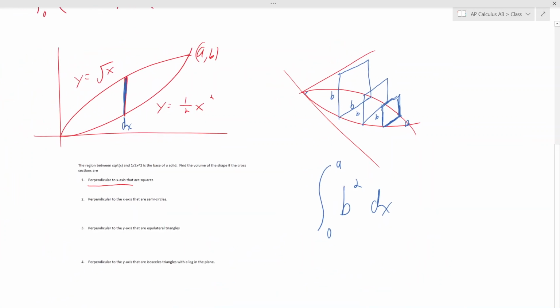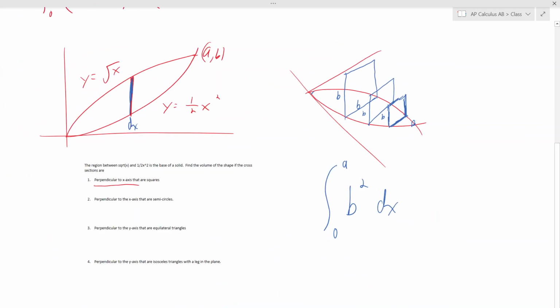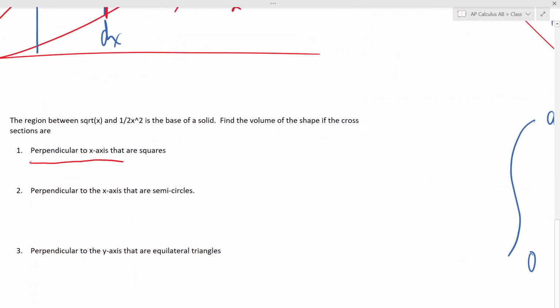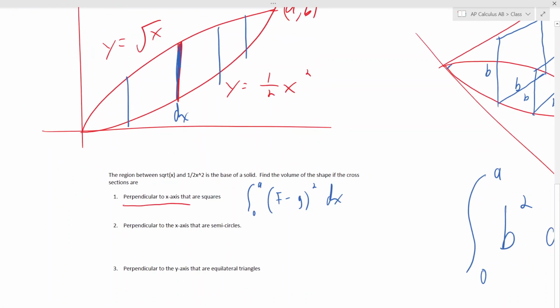The only question is, what's the base? No matter where you draw it, the base is the distance between these curves, so top minus bottom. So number 1 is just the integral from 0 to a of (f minus g) squared dx. That's all it is.